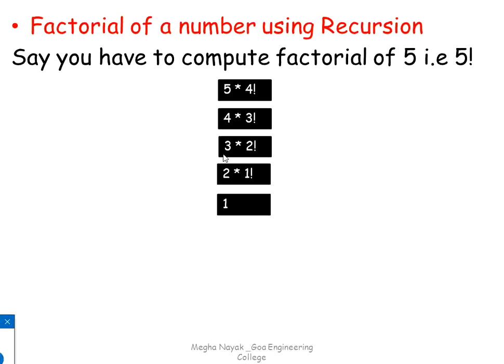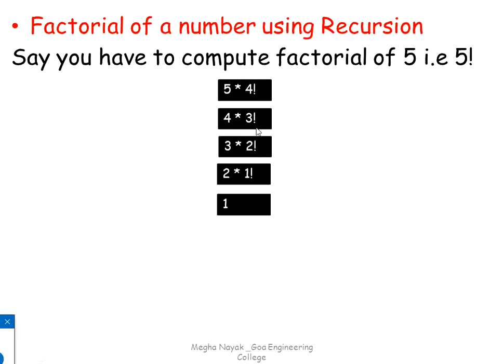To compute the factorial of 5, you will first have to do 5 into 4 factorial. Then 4 factorial is evaluated as 4 into 3 factorial. 3 factorial is evaluated as 3 into 2 factorial, and so on. So if you see, again and again I am making use of the factorial function here.